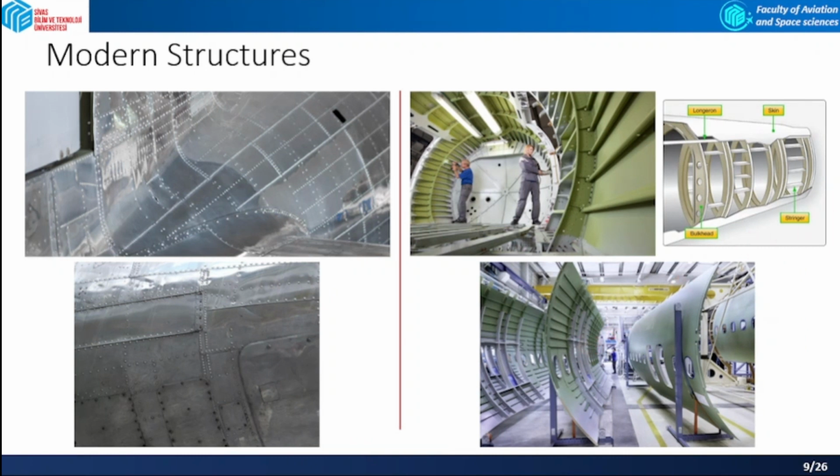So the pictures on the left reveal that the aluminum was quite new at that time, and if you examine the surface closely, you'll notice it's not very smooth, and these rivets are placed at very irregular intervals. Sometimes they are really close together, and sometimes they are very far apart.